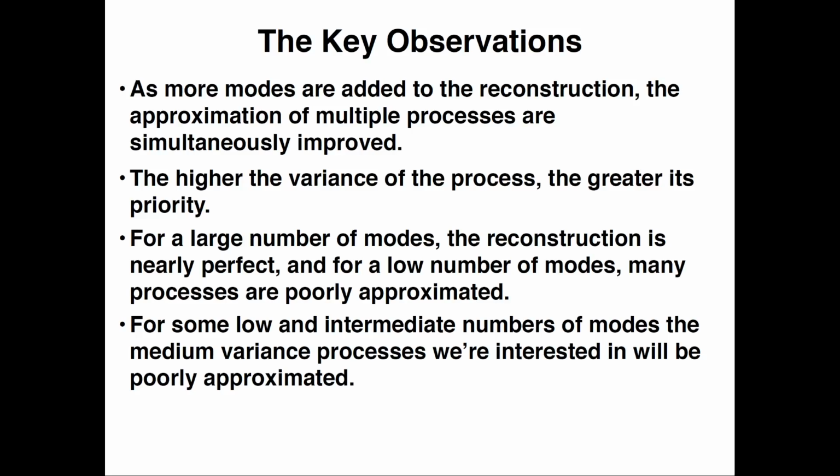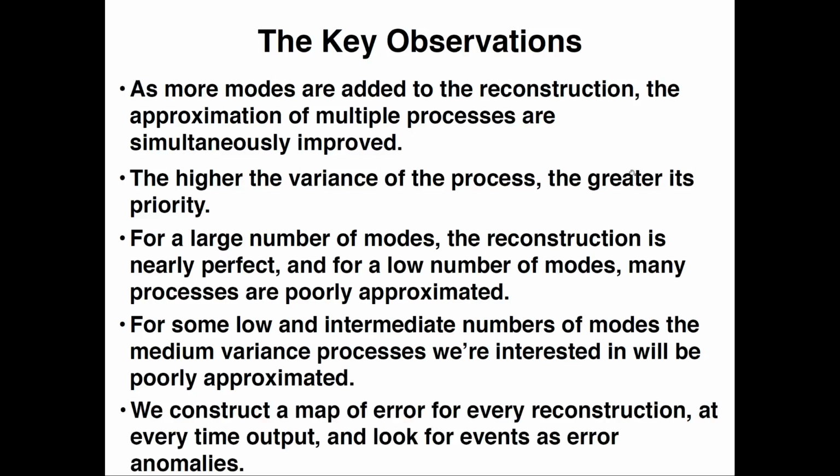Because the highest variance processes will be contributed to first, and that will continue as you add more modes. And so for some low and intermediate number of modes, those medium variance processes are being missed because those modes, as they are added, are more concerned with the large variance processes.